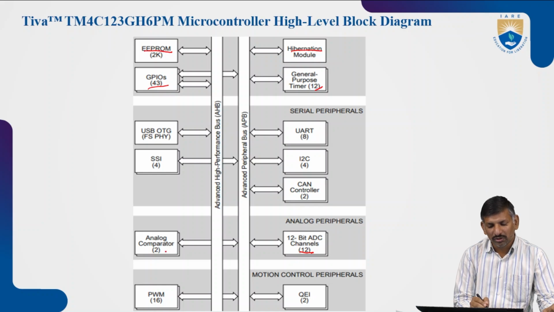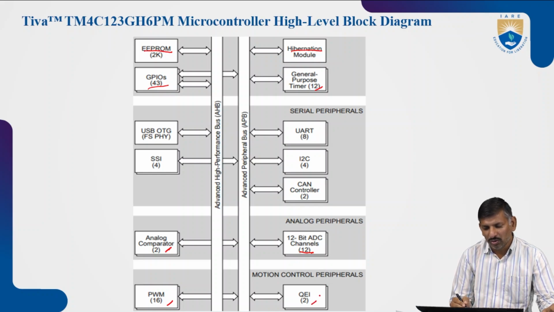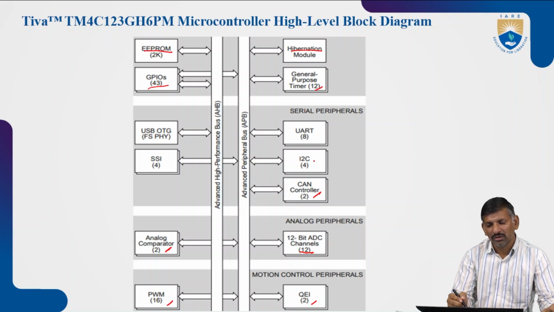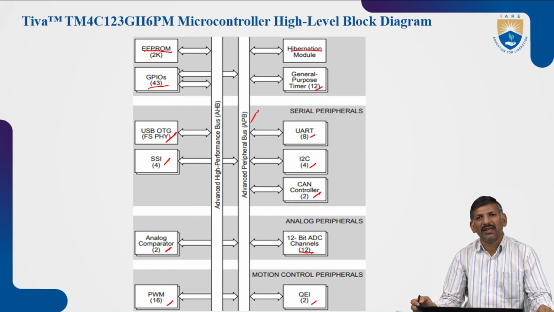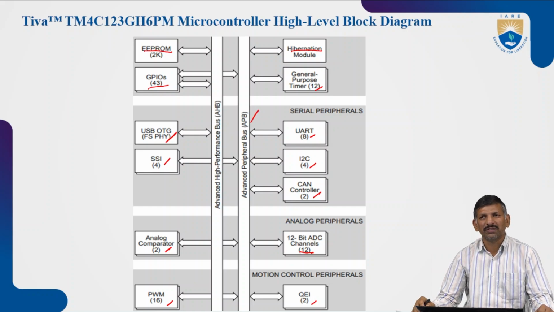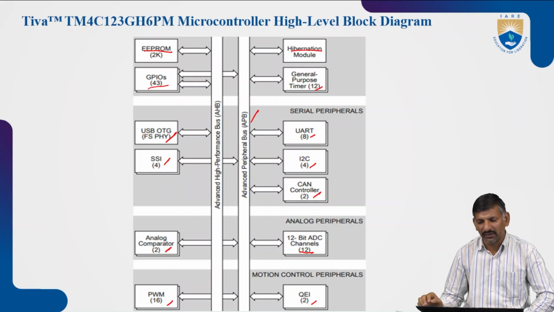It contains 2 analog comparators, 16 pulse width modulators, 2 quadrature encoder interface modules, and it contains 2 CAN node controllers, 4 I2C inter-integrated circuits, 8 universal asynchronous receiver and transmitters, 4 synchronous serial interface modules, USB port with advanced high performance bus and advanced peripheral bus for sharing the information among these devices.